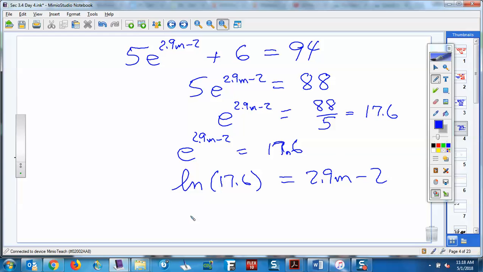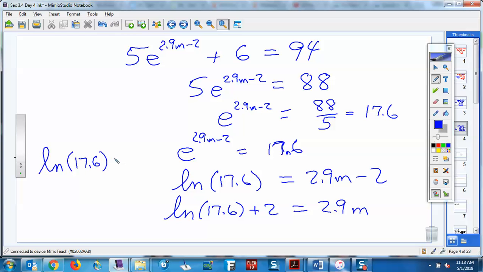So now we can add 2, so just ln, again, I don't go to the calculator usually until the very end. I just think that's probably easier, and then you don't have a whole bunch of decimals you got to keep track of. So you add 2, so it's kind of like what was just asked in the last one. It's just ln 17.6 plus 2, and then the whole thing divided by 2.9.